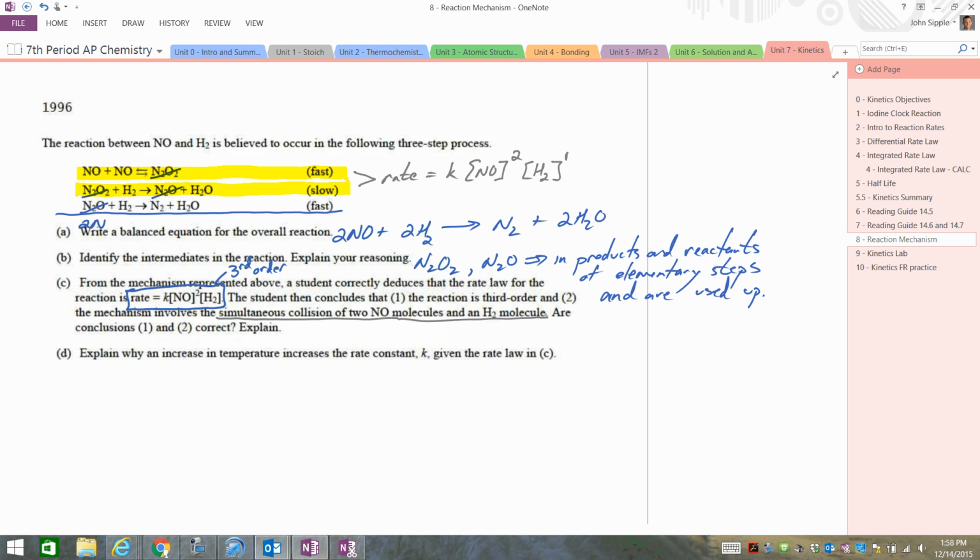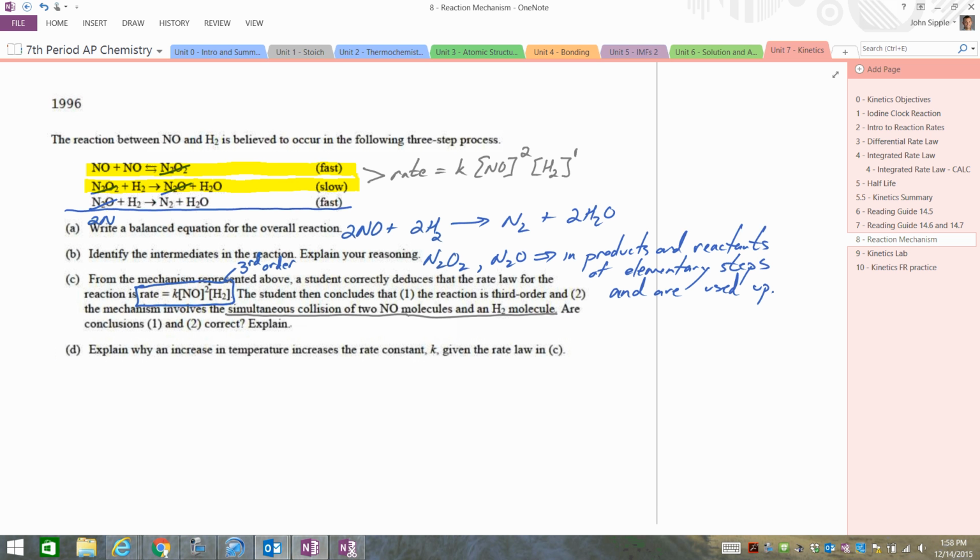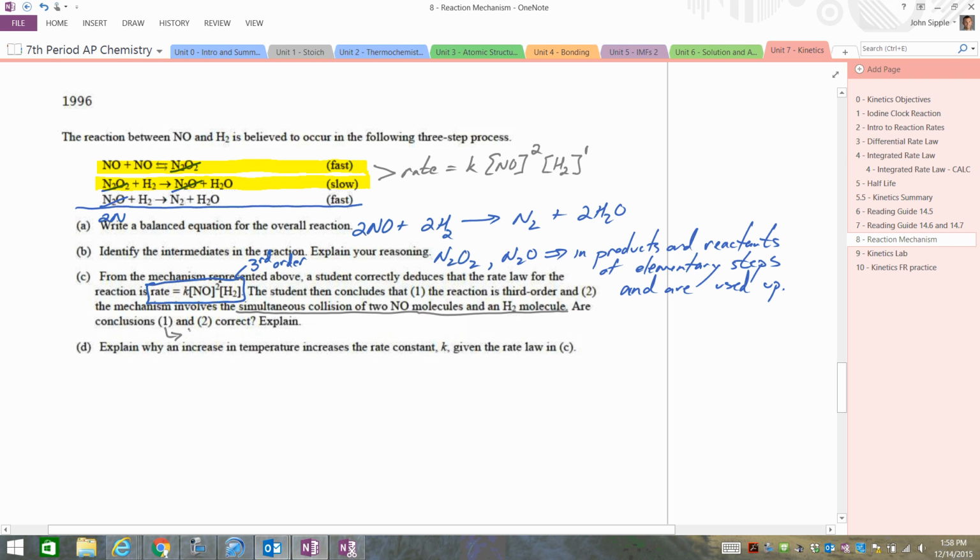No. The mechanism is telling you the NOs combine together first, and then you get the reaction with the H2. So simultaneous collision doesn't happen. It happens in two steps. So one is correct, the assumption that it's third order. Number two, not correct.